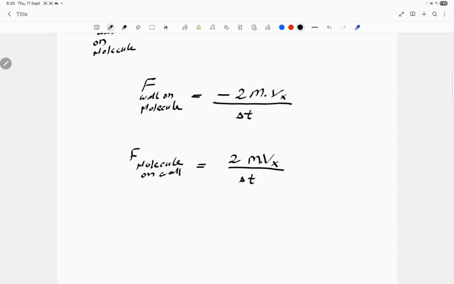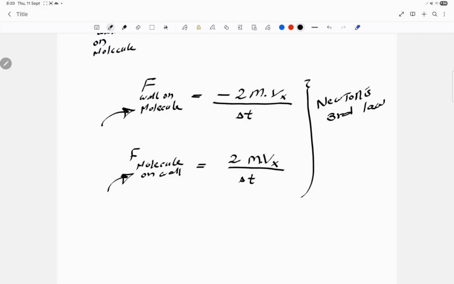By the way, this is the application of Newton's third law. What Newton's third law says is that the forces, the one going in one direction, let's say the wall on the molecule, and the one going in the opposite direction, the molecule on the wall, will have the same exact equation, but simply the opposite sign.